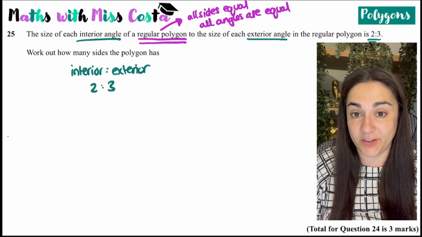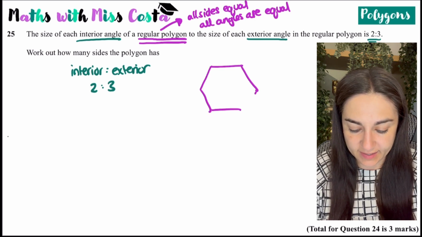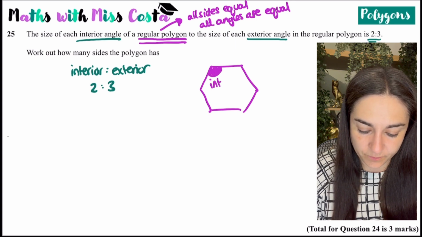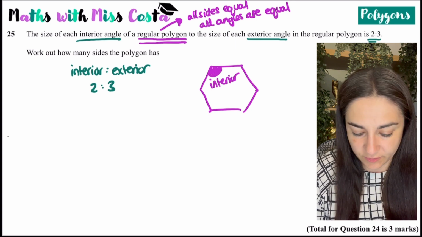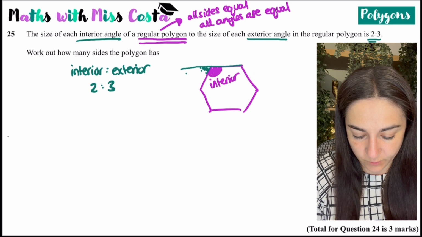The second thing I need to know is that in any polygon, so let's say you've got a hexagon here, this is what we call the interior angle. And then if you continue the shape, so there's a straight line here, if I continued that line, this would be the exterior angle.